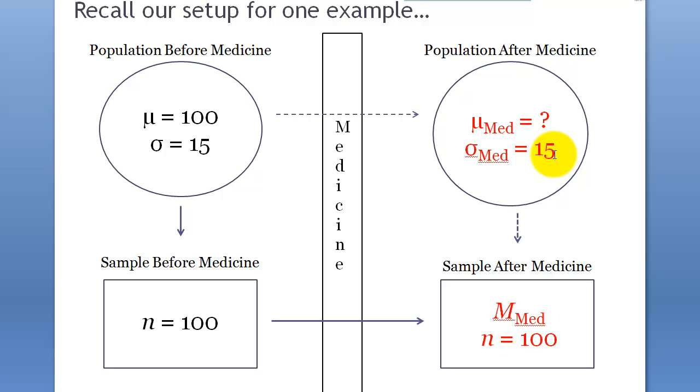I always thought it was kind of weird, but finally this question has been addressed in this section of the class. So it may not be the same. We may not know the standard deviation after intervention or in this population. That makes more sense to me. Okay, anyway, so that's the setup for z statistics.